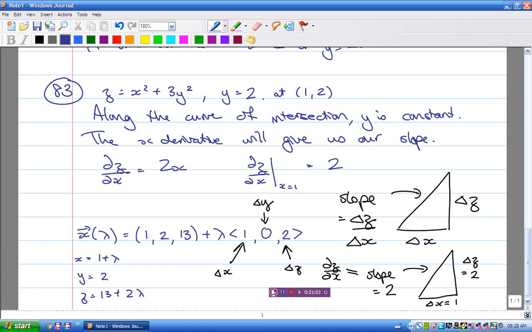So I could have made delta x 2, and then that would be 4. I could have made it a half, and then that would be 1. Okay, all right.